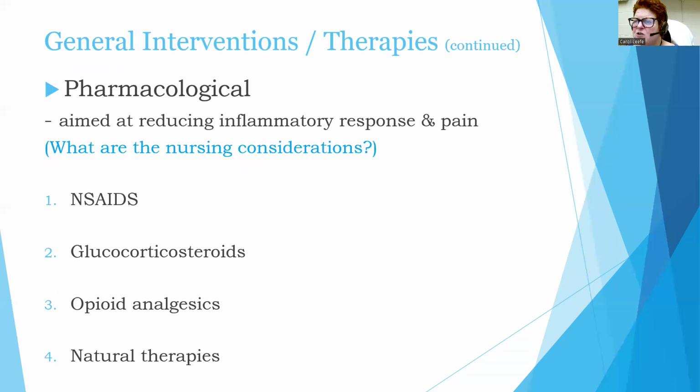Also, some interventions, the pharmacological ones that we talked about, are aimed at reducing the inflammatory response in pain. So what are some of those nursing considerations? I'd like you to write those down so that we can address them in class. For NSAIDs and glucocorticosteroids, we talked about how they may mask some infection because they are anti-inflammatories.